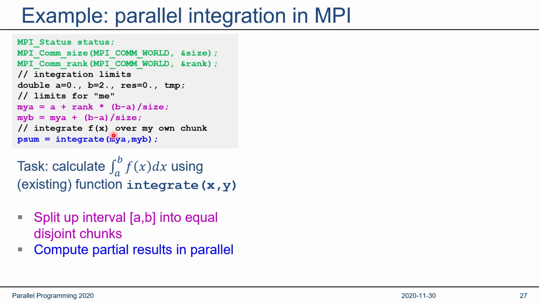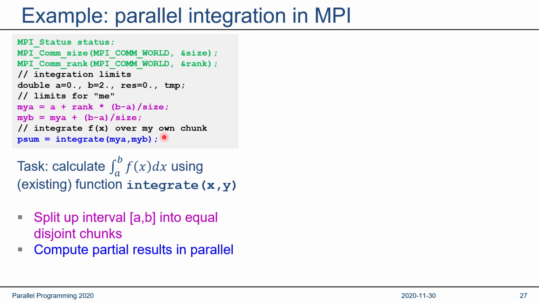And then we call the integrate function to integrate over each process's own chunk. Remember, this is called by all processes. Starting from the beginning, n processes are running. Everyone calculates its own integration space. Everyone calls integrate on its own. And all the variables and data we see here are non-shared. They are local to each process.